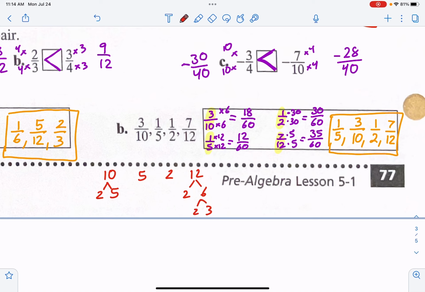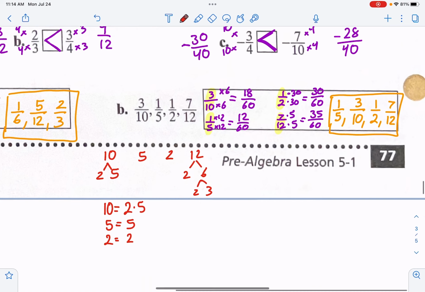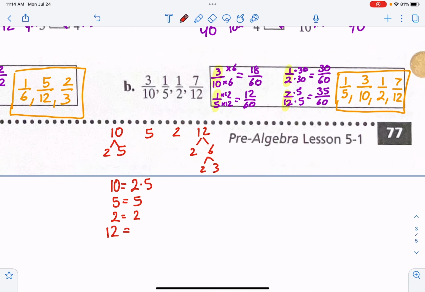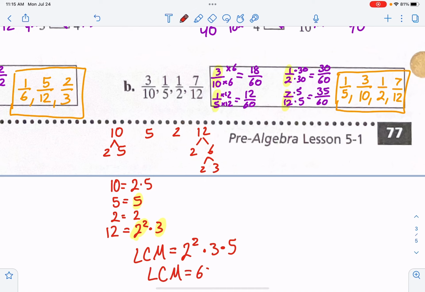So if we wrote this out, we would have 10 equals 2 times 5, 5 equals 5, 2 equals 2, 12 equals 2 to the second times 3. So my least common multiple, I would bring down 2 to the 2, because I need to represent the 2's, a 3, and a 5. So 2 times 2 is 4, times 3 is 12, times 5 is 60. So the least common multiple is 60.